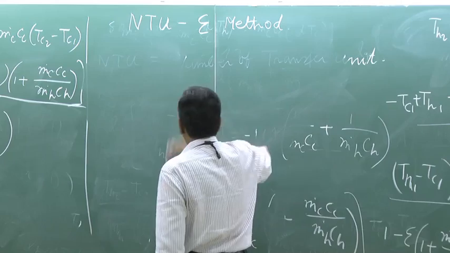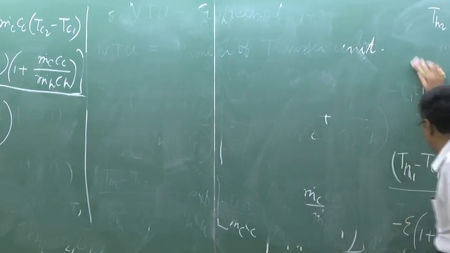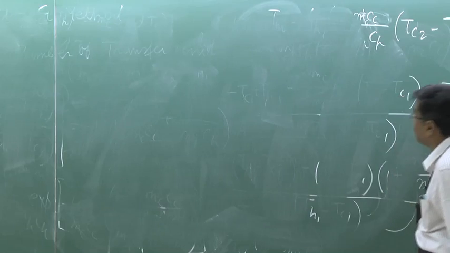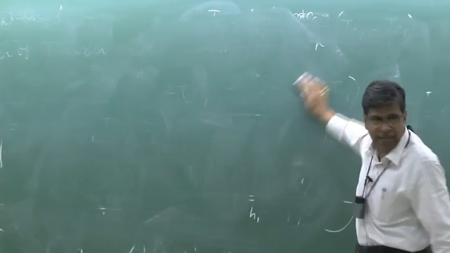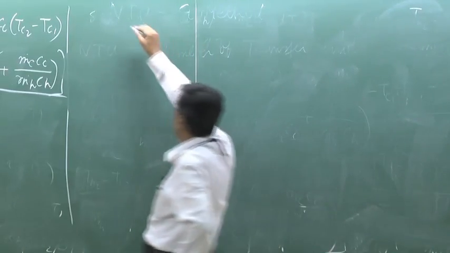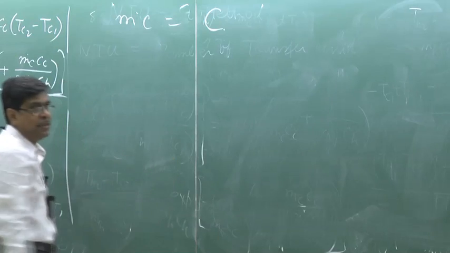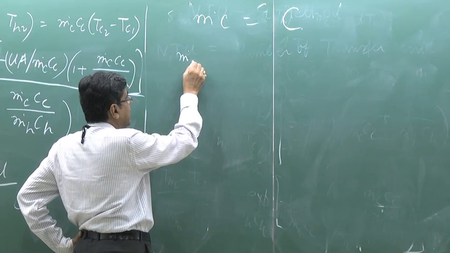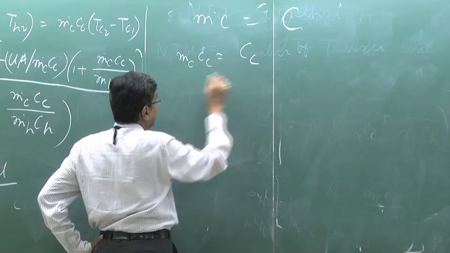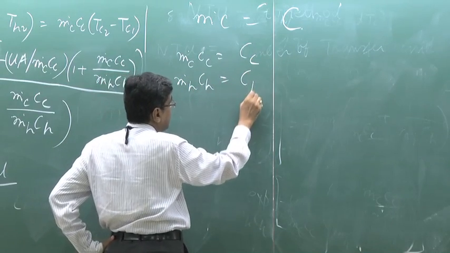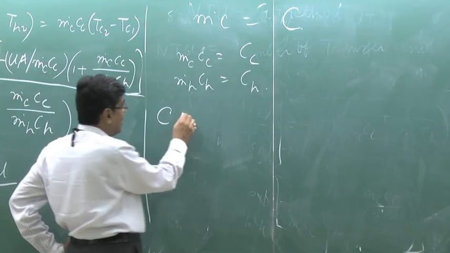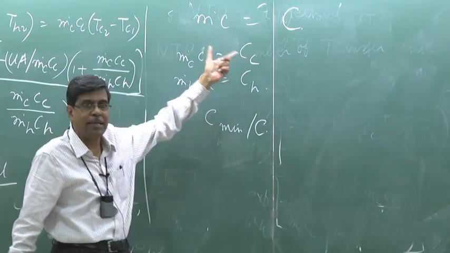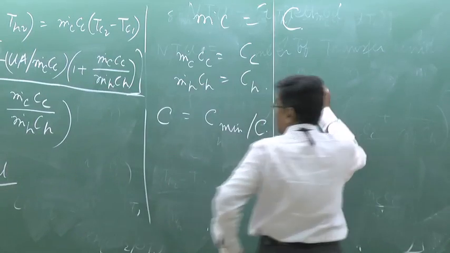If I make a very compact form by defining a parameter, m dot c as the capital C, that means the capacity rate or simply the capacity, so m dot c c is Cc, and m dot h ch is Ch, and if I define C as the ratio of C min by C max, which may be either this by this, or this by this, depending upon the case, in that case the expression will be very simple.